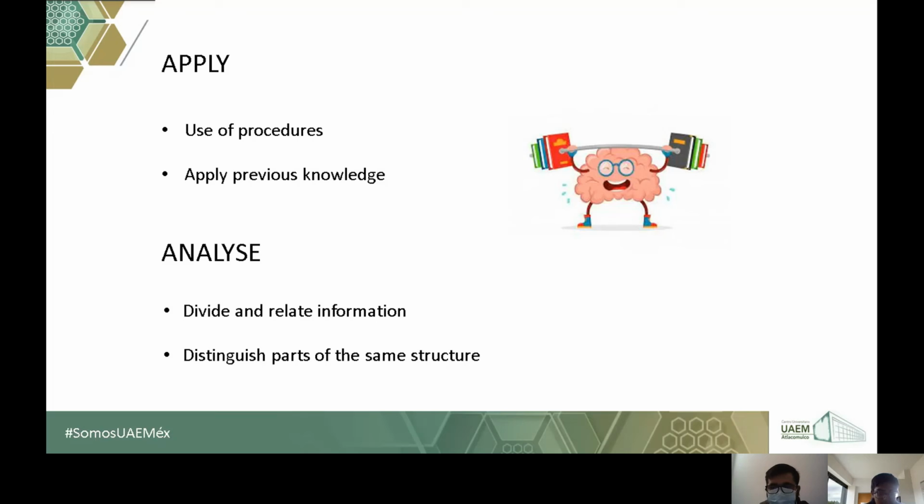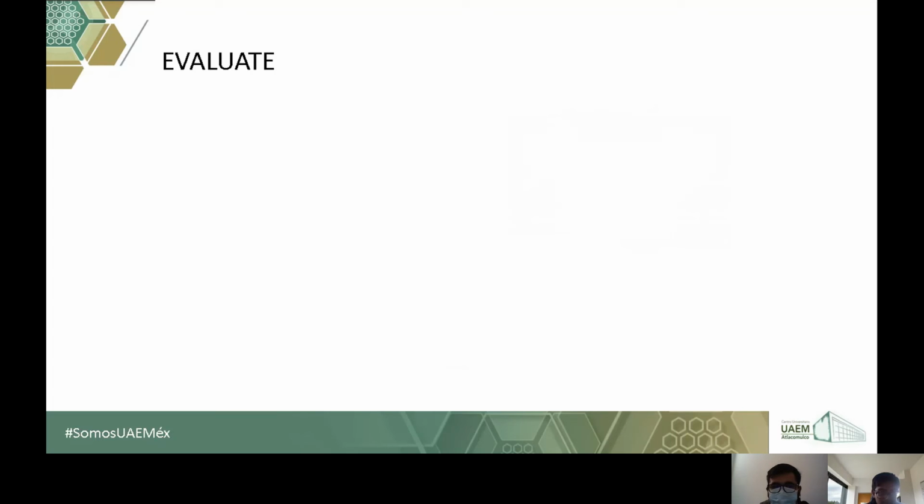The student does the following: breaking concepts down into some parts and describing how the parts relate to each other. For this we can identify cause and effect. Evaluation, or evaluate, is the concept of checking and examining if everything is correct in learning.